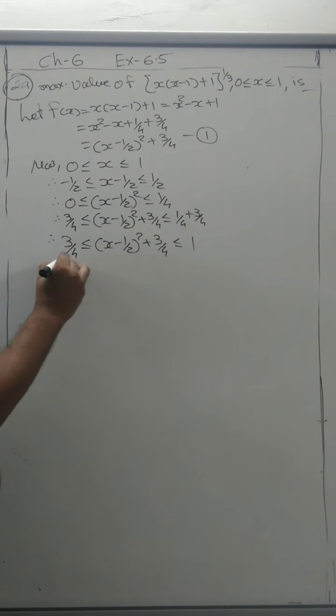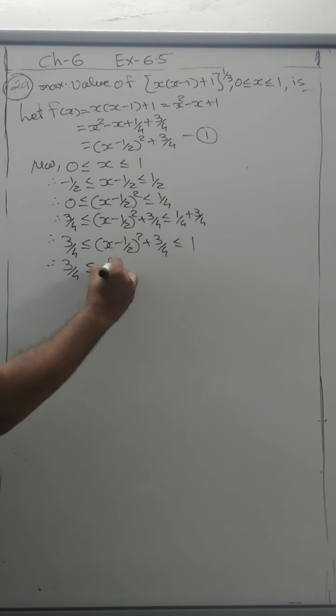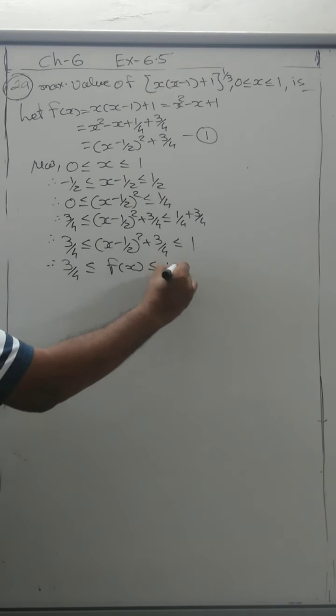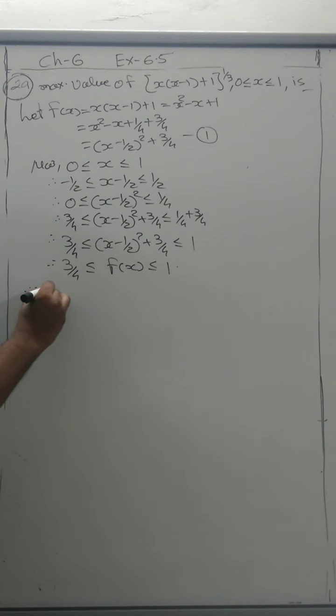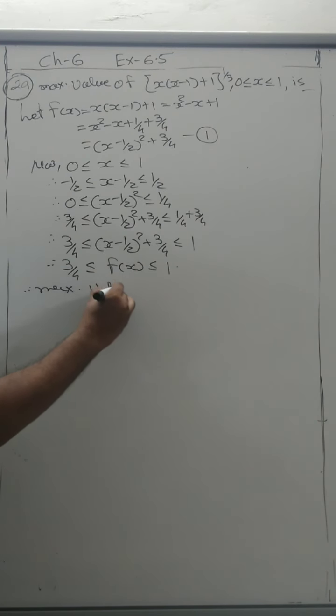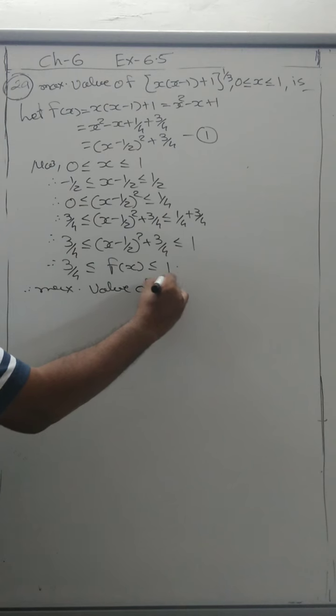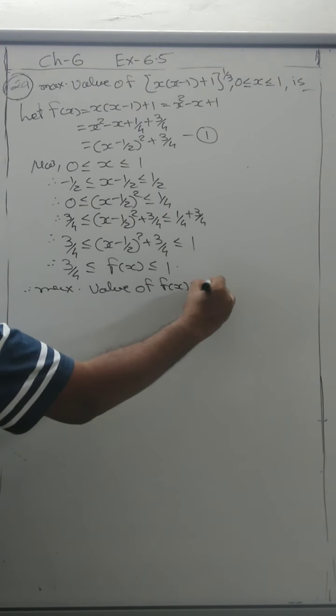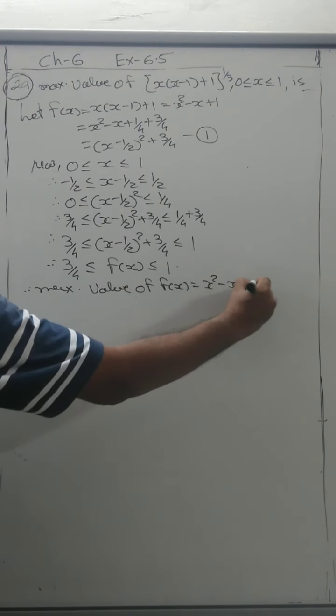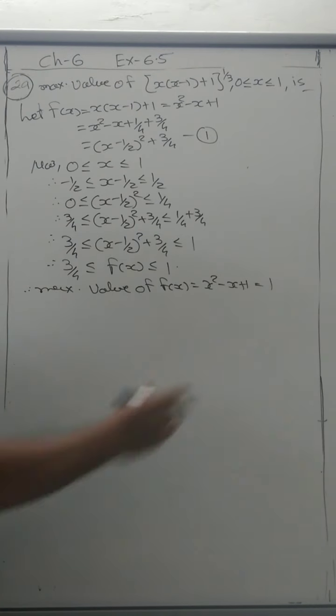So we can say that the maximum value of f(x) is 1. The maximum value of f(x), meaning x² - x + 1, is 1.